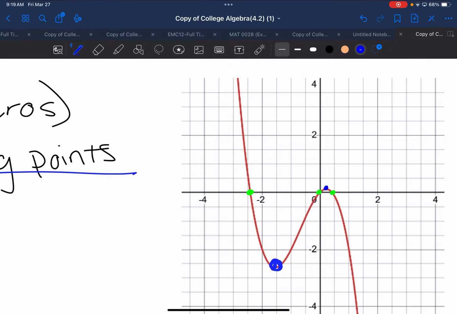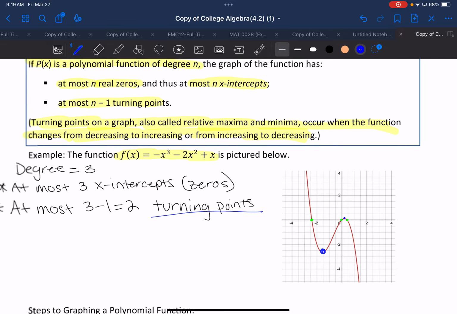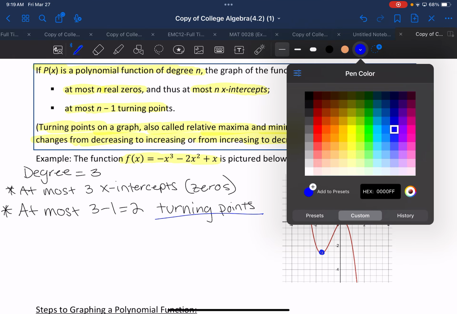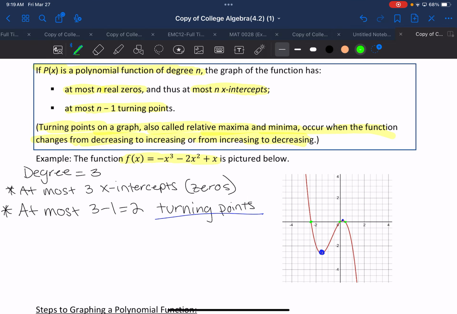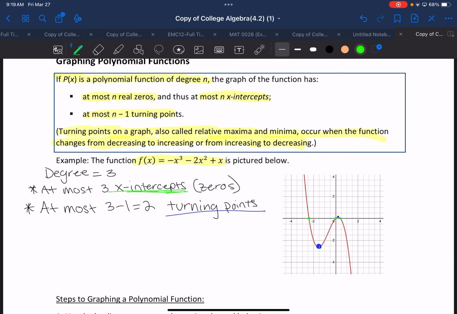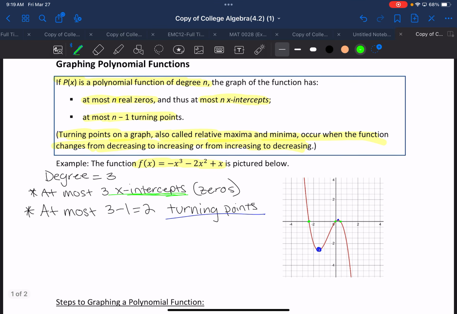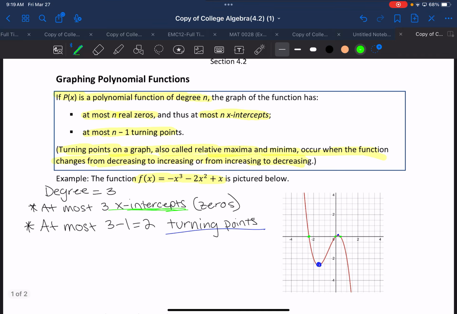So that also checks out with the at most how many x-intercepts this function can have. Okay? So nothing too crazy there. Like I said, a lot of your problems on your homework will just be asking you about that. So you just look at the highest exponent and then answer the question. Any questions about that? Okay.